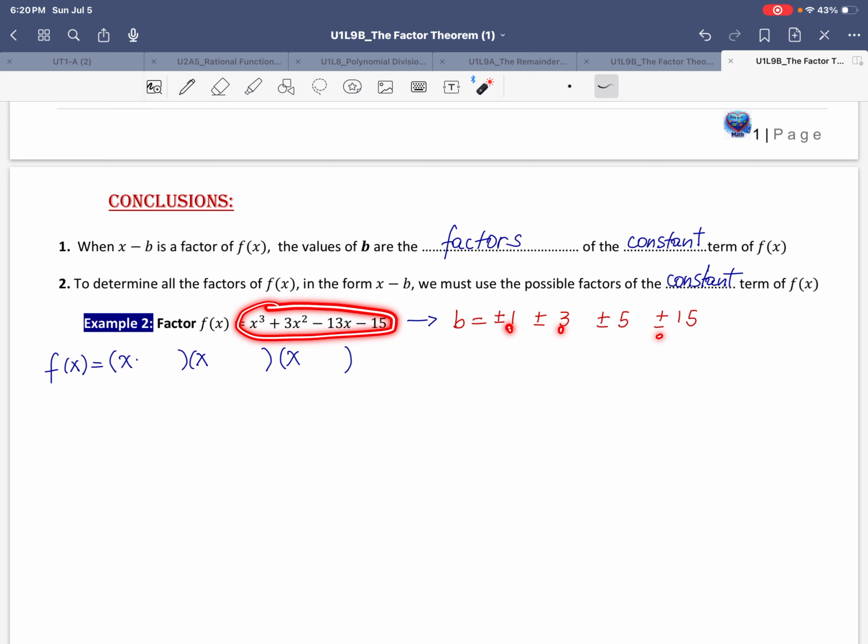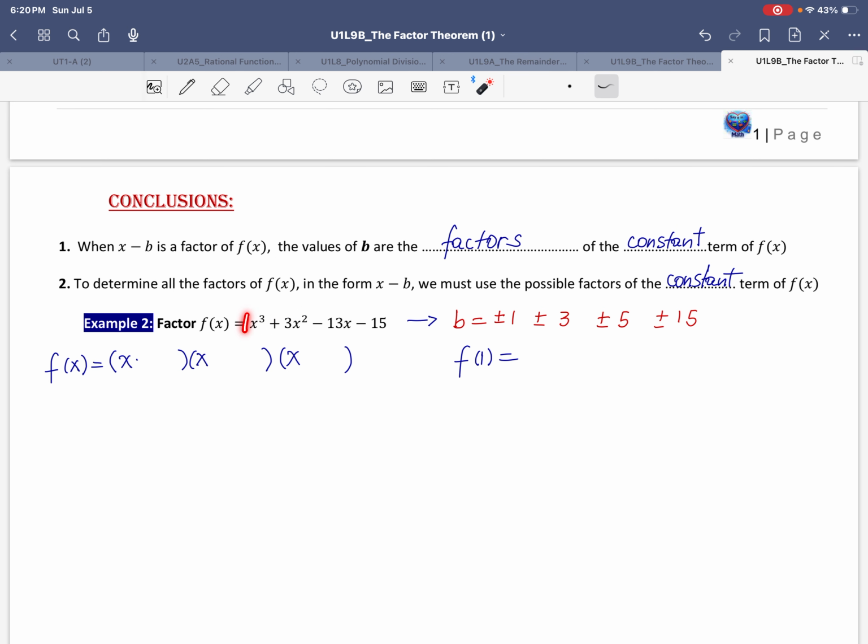Next, we have to search for the values of b that can make the polynomial equal to 0. For this, we're going to use that same equation of the polynomial function, and we'll start with f of 1. f of 1 is easiest to find. You can do it mentally, because whenever you bring the number 1 to any power, that is equal to 1.